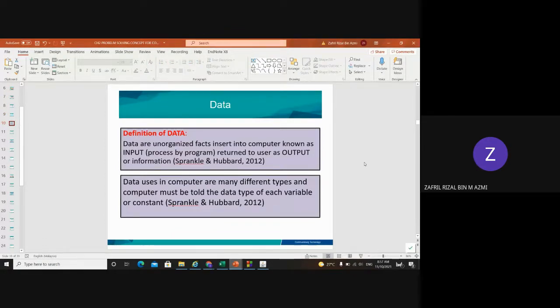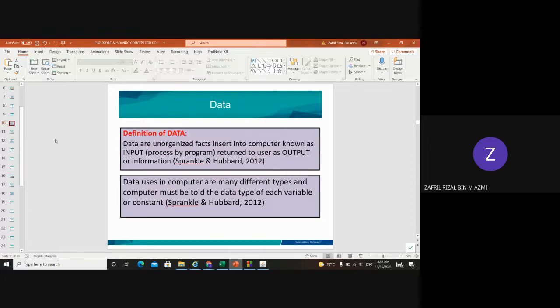So the variable is closely related to the data. What data do you want to store in your program? I'm not talking about advanced programming languages, I'm talking about most programming languages.